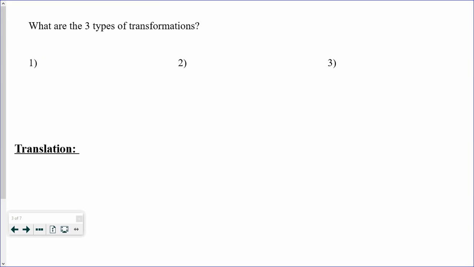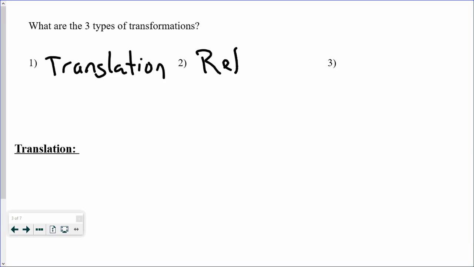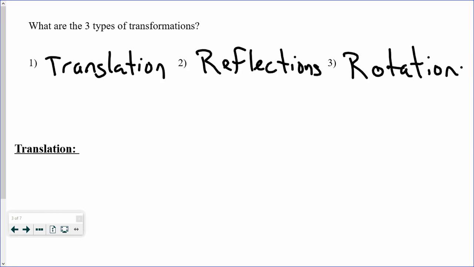So remember from yesterday's lesson, the three transformations that we learned were translations, reflections, and rotations. The way we think about a translation is a slide.